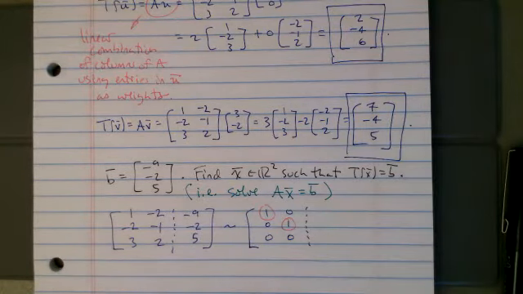How did I know that those are going to be the first 2 columns of the reduced echelon form? Take a minute and decide, how did I know that that was going to happen while I enter the matrix? I'm just entering a matrix on a calculator. They're not multiples.